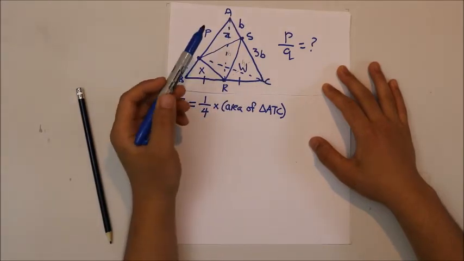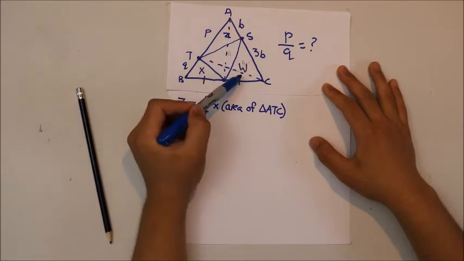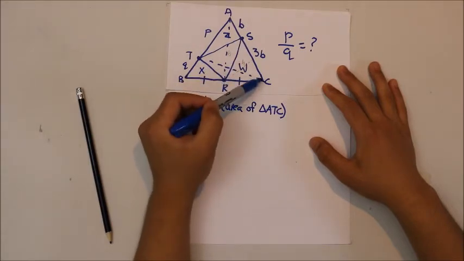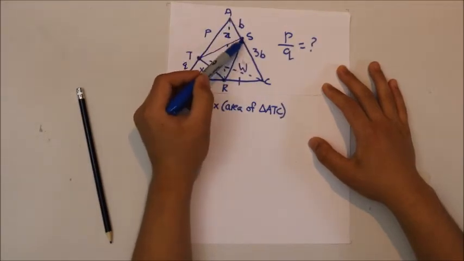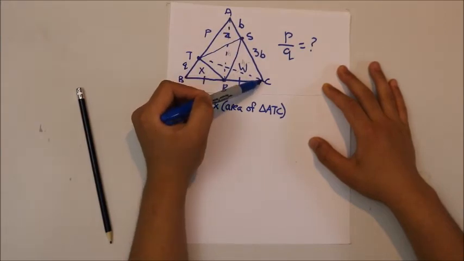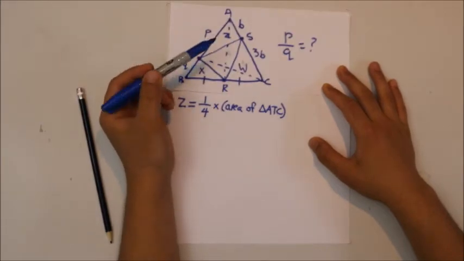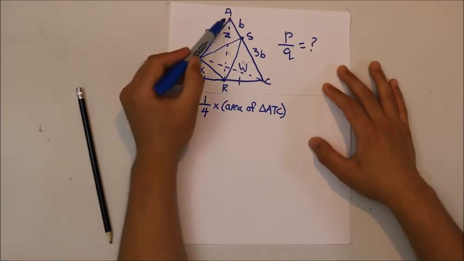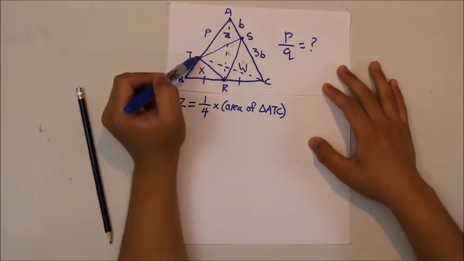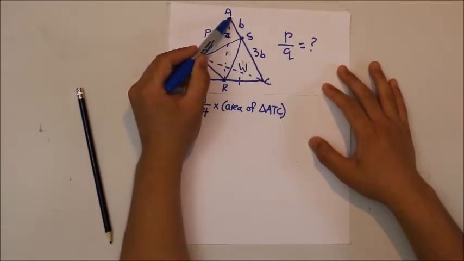As you can see here, when we were solving for W, we had 3B compared to the whole length of 4B. So this is our ratio. Now we must take a look at the length AT compared to the whole length AB.